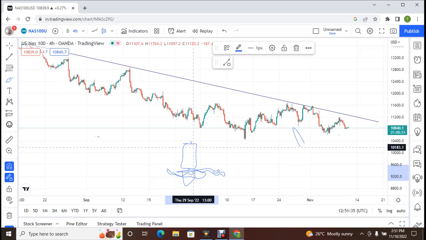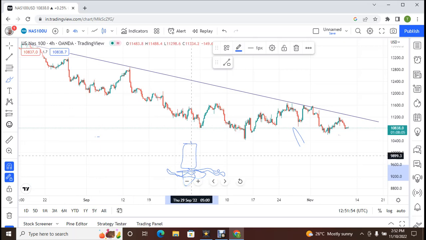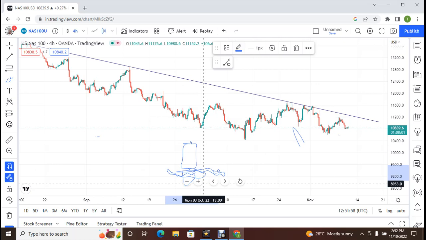Normally, what happens? Unless it's during the US session or other events where the market is very volatile, on a normal day it's very rare for the market, after closing bullish on a 4-hour chart, to just move down without giving you a doji or something.